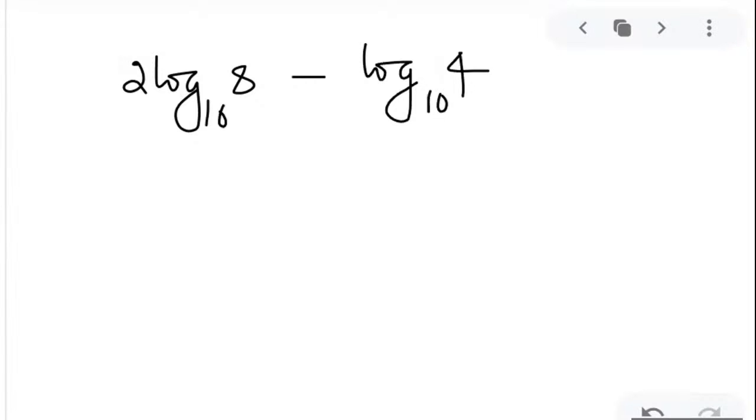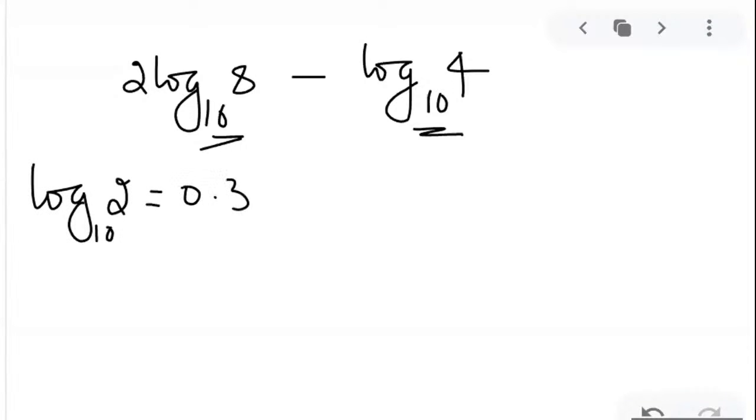First of all, check whether the bases are equal. If the bases are equal, then try to do the problem. Again, I'll write the value of log 2 to the base 10 is equal to 0.3010. So tell me the answer in terms of numericals. If you get log 4 base 10, then using this, try to find the answer.